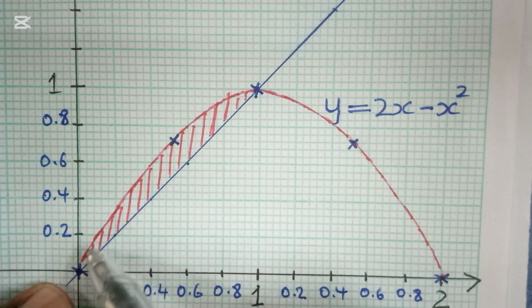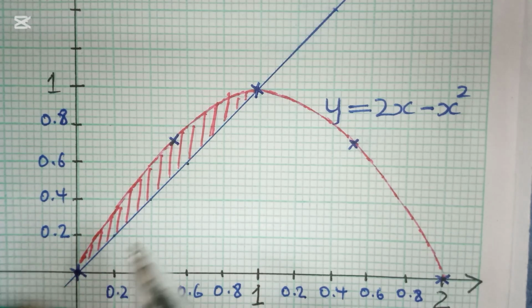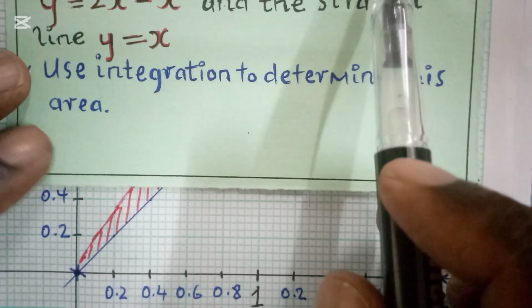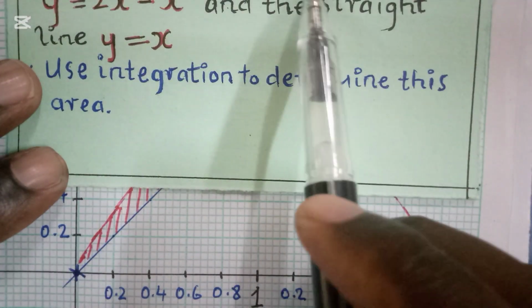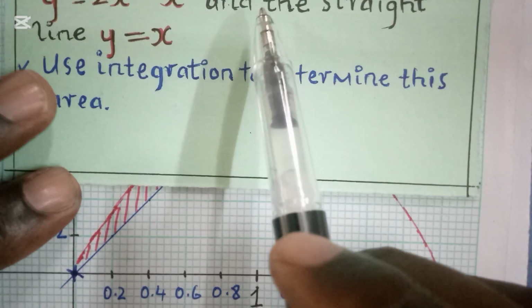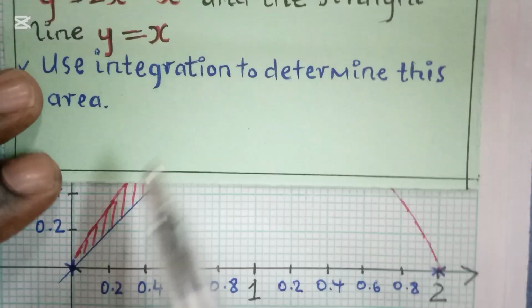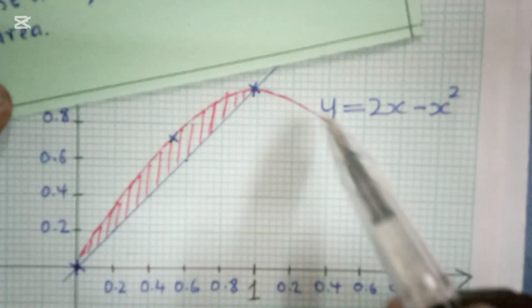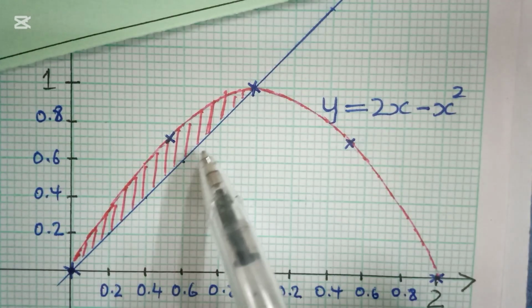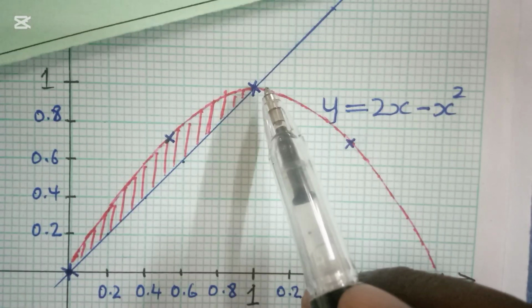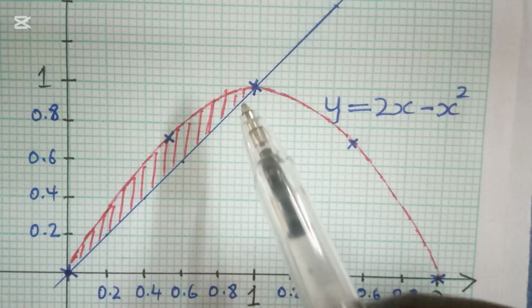So guys, we are now going to look at what the question says: sketch the region in the first quadrant bounded by the curve. The boundary is going to be the curve and the line y equals x. So guys, we use integration to do that.